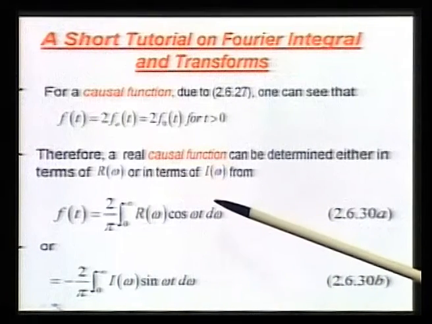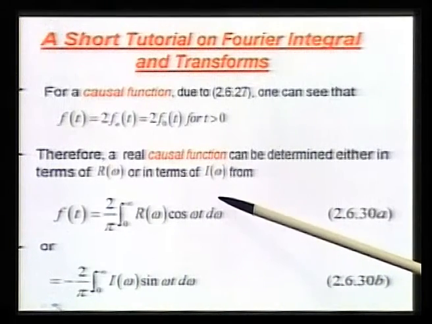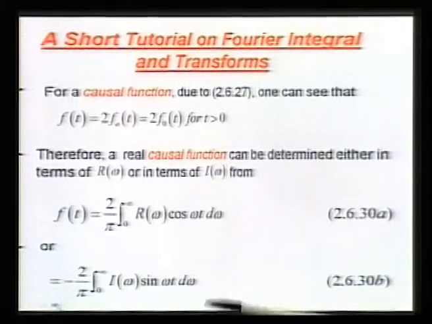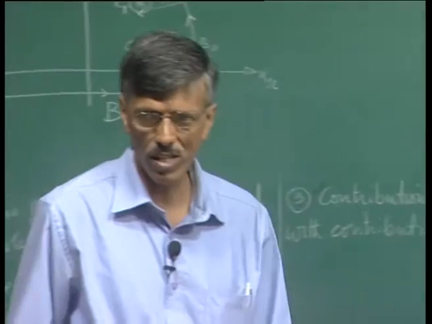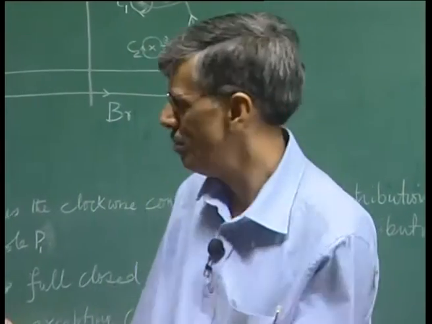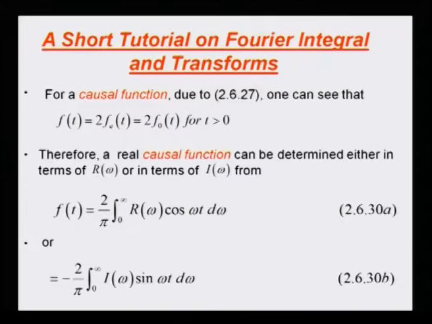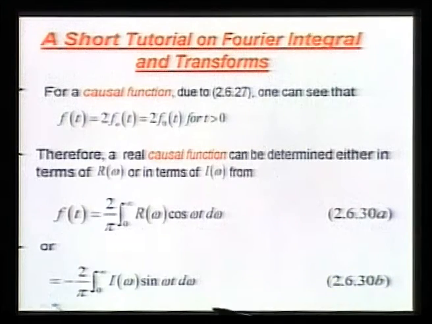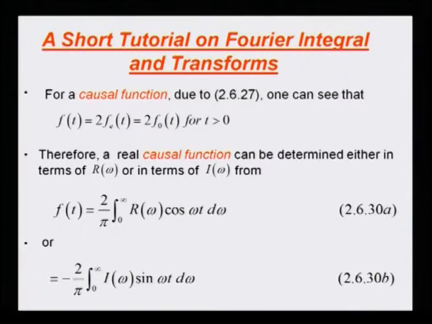When you do this, this is what is called a cosine transform, and this is what is called a sine transform. So, the Fourier transform is the most generic form, but if you have a real causal function, you can get away with performing a cosine or sine transform. And you would note that in many of these utilities and packages, you do have an option of computing sine and cosine transforms.